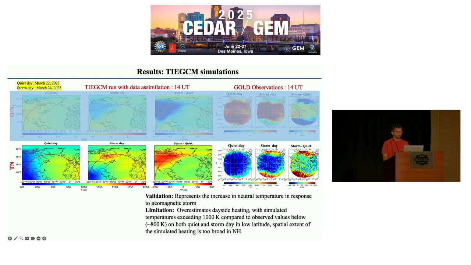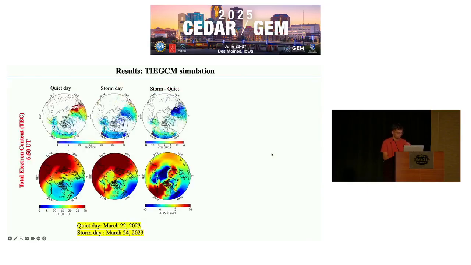So this is at the day side in the local time. Okay, so it overestimates the day side heating, and also the spatial extent of the simulated heating is too broad in the northern hemisphere compared to the observation.